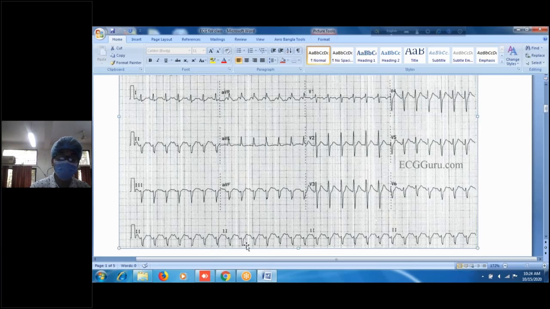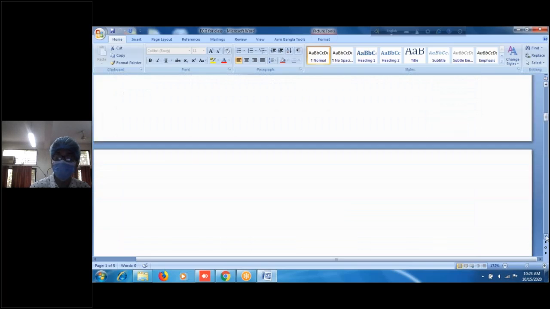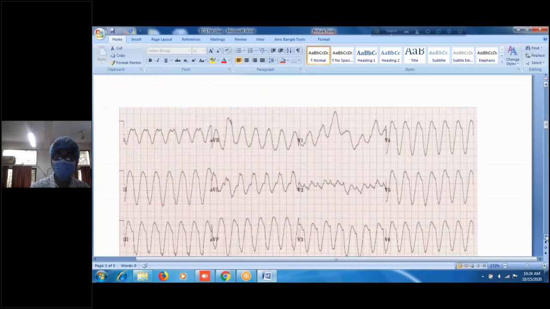When there is a ventricular tachycardia, you will get a wider QRS complex. Just take a look. Yes, you find this QRS complex wide. These kinds of wide QRS complexes are usually generated from the ventricular tissue or ventricular junction tissue.